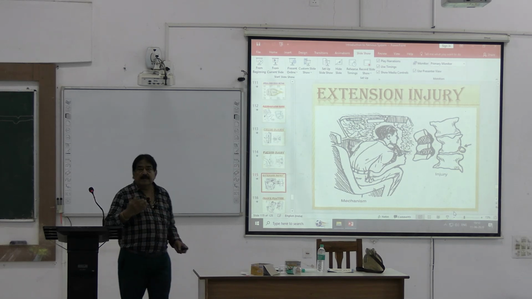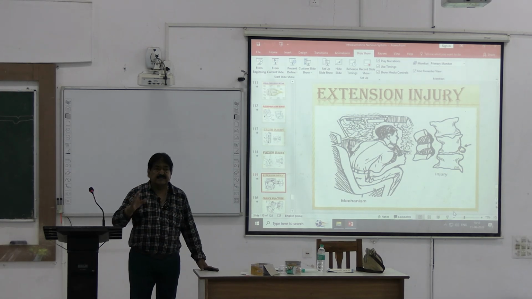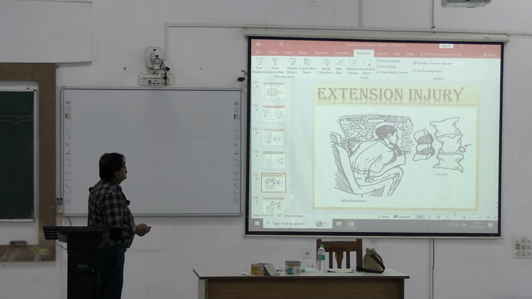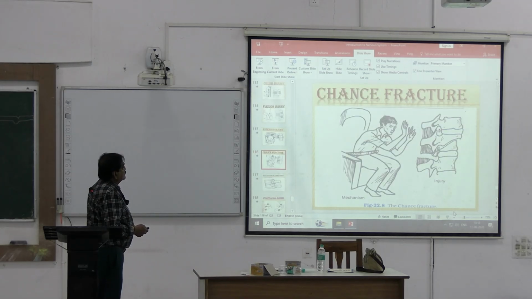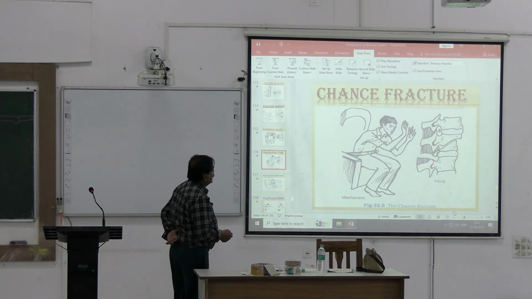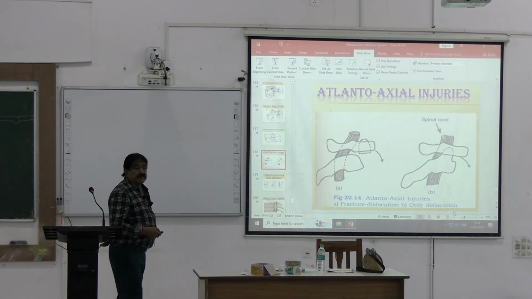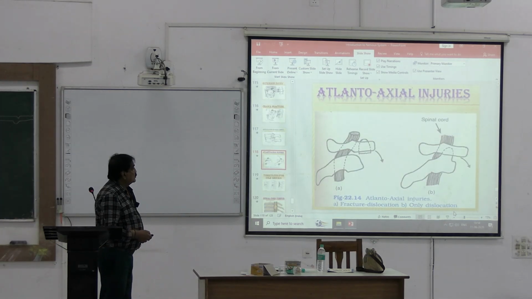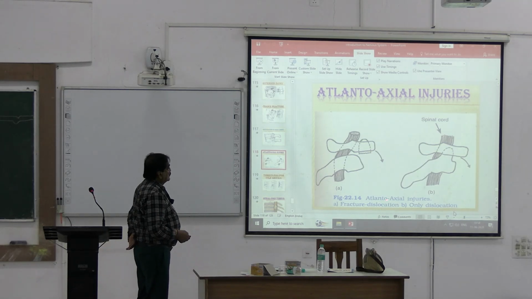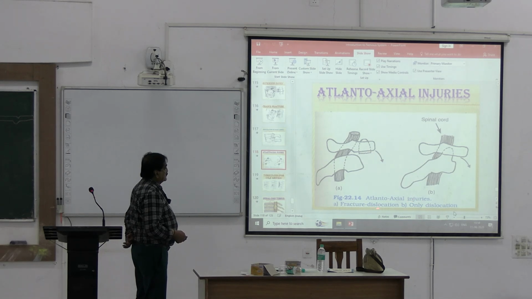So, when you do an MRI or a simple X-ray, you will get the diagnosis. Extension injury, chance fracture. See, this is the fracture here. To cervical vertebra and the skull, I should have told you, this is the odontoid process, the spinal cord, atlantoaxial injury, fracture dislocation, and only dislocation.